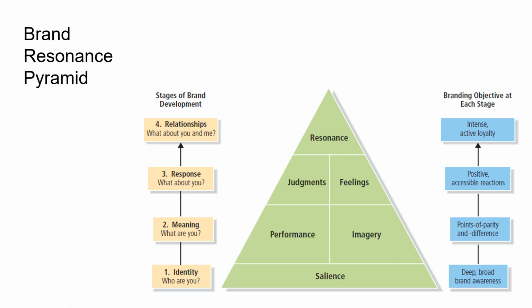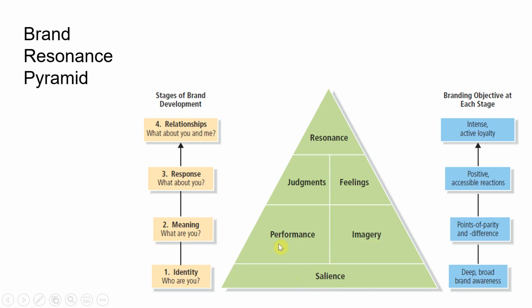And to manage the 4 steps, we have 6 core building blocks. For the first step, brand identity, we have salience. For salience, we manage breadth and depth of brand awareness. In the second step, we have 2 building blocks, which are performance and imagery.